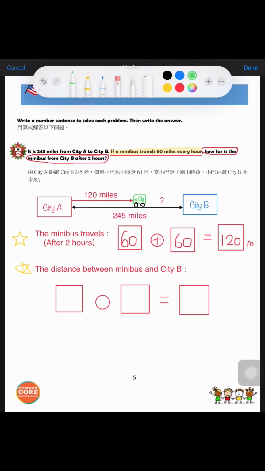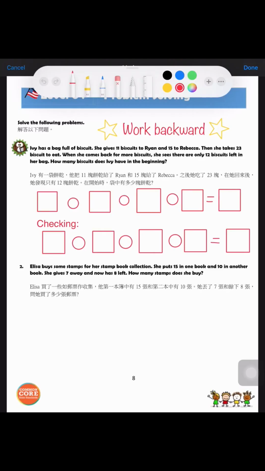Now we may calculate the distance between the minibus and city B. We may have 245 minus 120, which equals to 125 miles. Let's move on to page 8. Ivy has a bag full of biscuits.